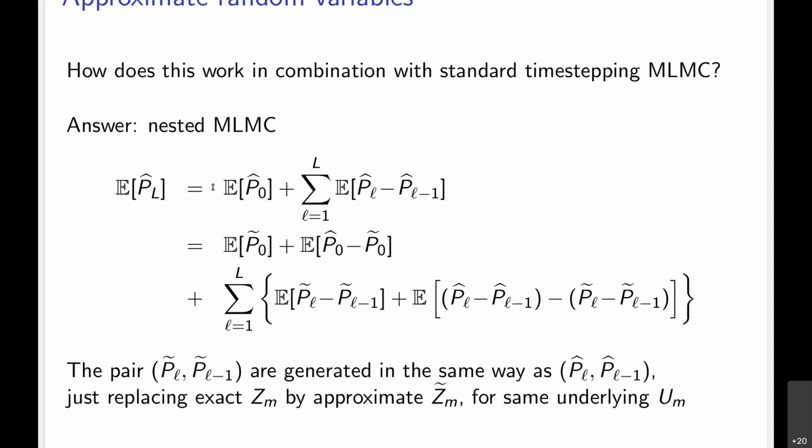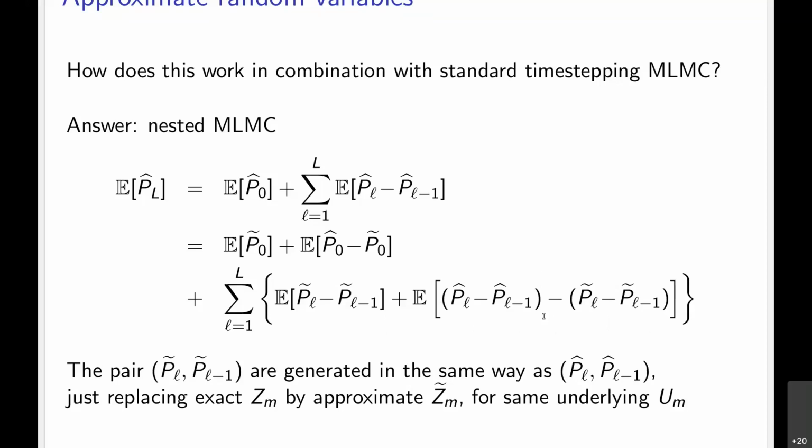So this term here splits into this pair. And this expected difference between p hat L and p hat L minus 1 splits into this pair of terms. Okay, so hopefully that's all clear.